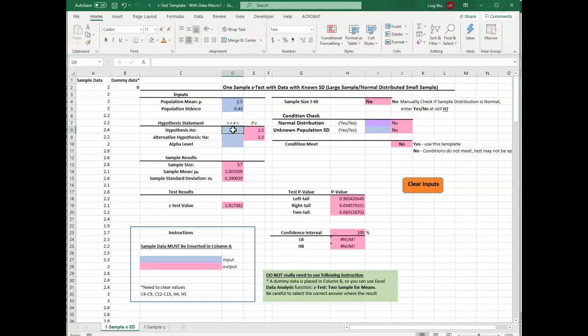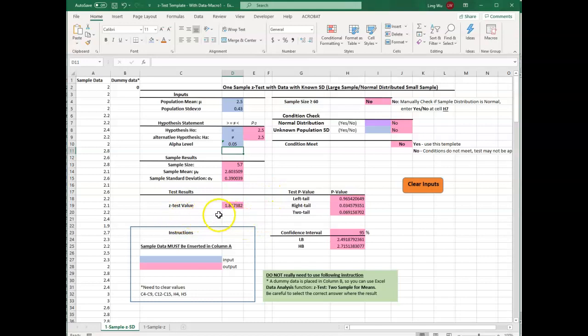The question asks is there any difference? So our null hypothesis is equal, and the alternative is not equal, because we want to see if there is any difference. And the alpha level given is 0.05.